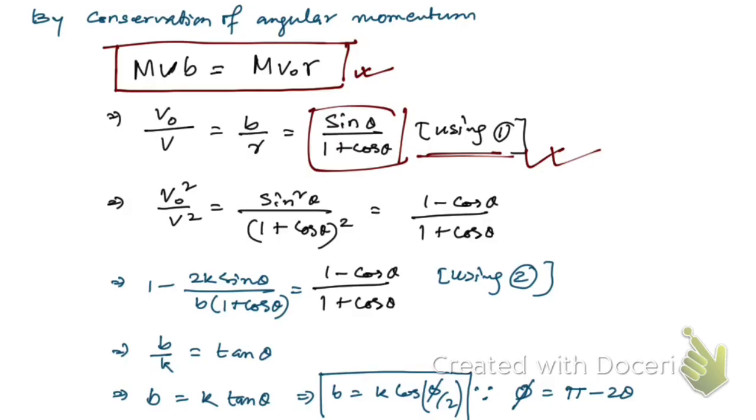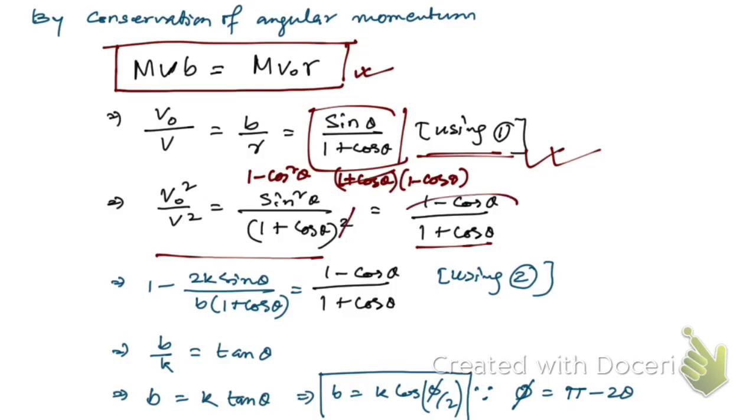Then squaring both sides, we get this relation. If you simplify this relation, you must get this, because sine squared is nothing but 1 minus cos squared theta, which can be written as 1 plus cos theta into 1 minus cos theta. Then 1 plus cos theta cancels the square, and we have got this relation. Hope you know these simple simplifications, right?